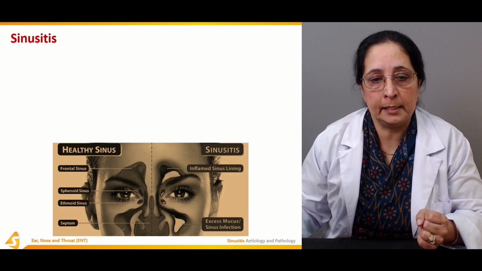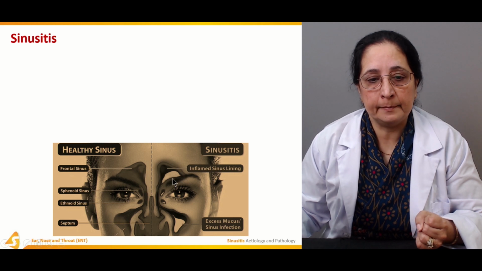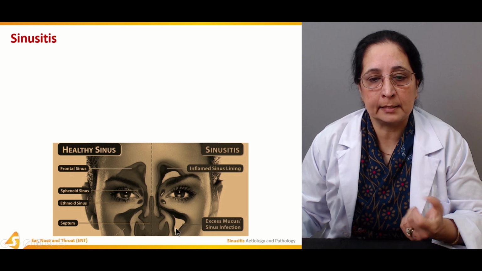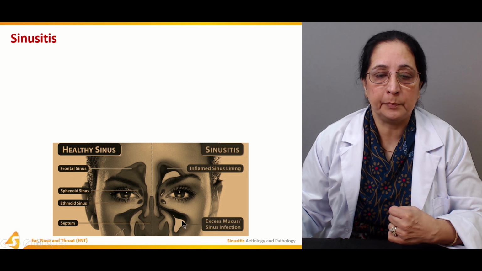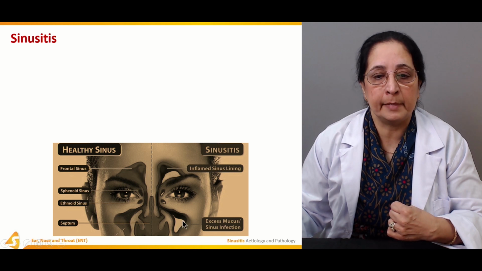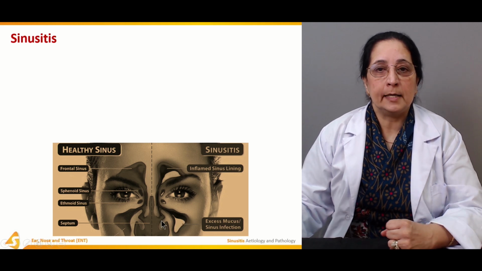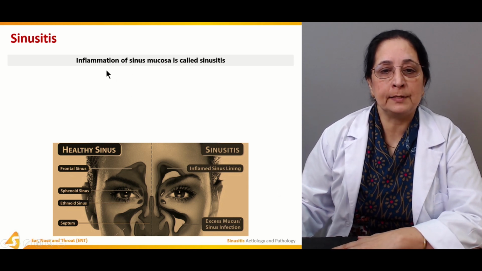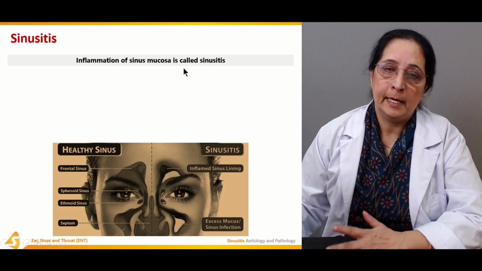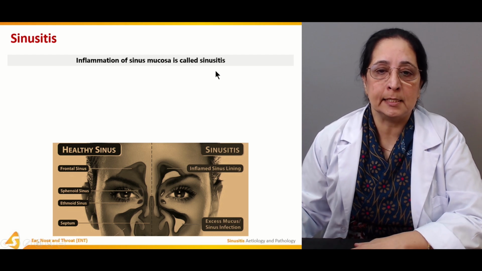So this is the picture with inflamed sinuses. You can see there is excess mucus production, and this is excess mucus present in the maxillary sinus. So that's sinusitis. Inflammation of sinus mucosa is called sinusitis.